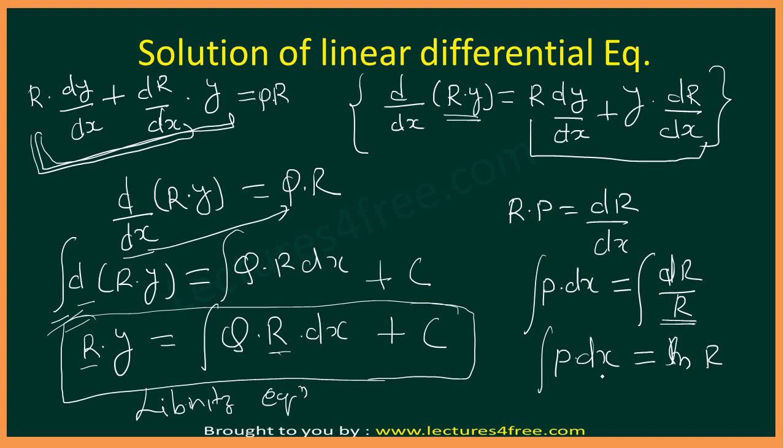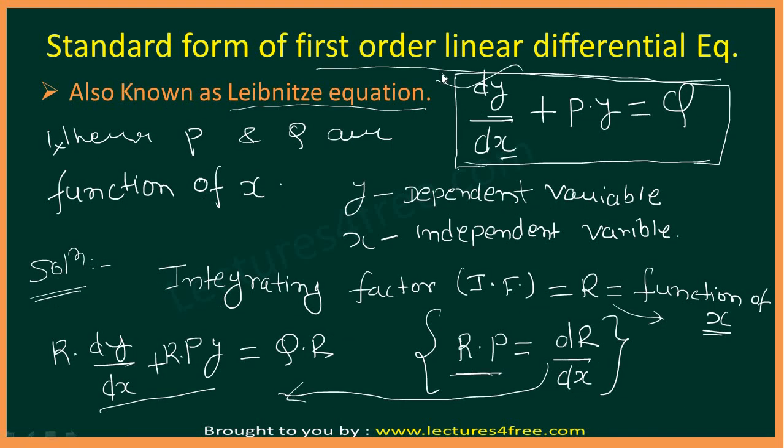So you will get e to the power of the left-hand side and right-hand side. Then e to the power integration of p dx is equal to r, where r is the integrating factor. So this is the integrating factor, and this is the solution of this differential equation.